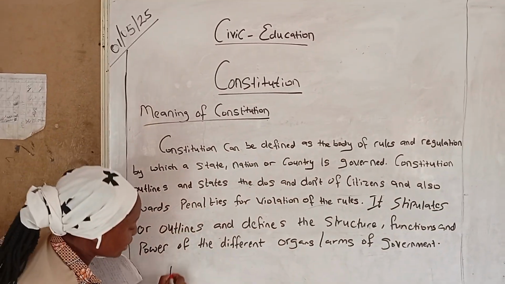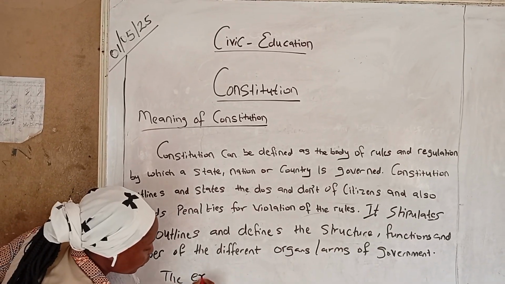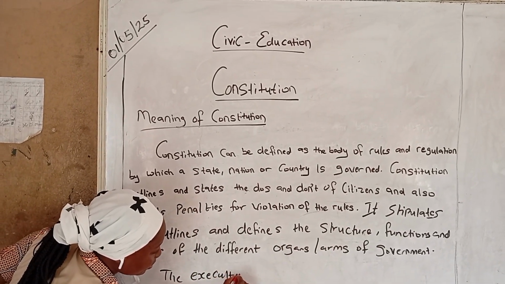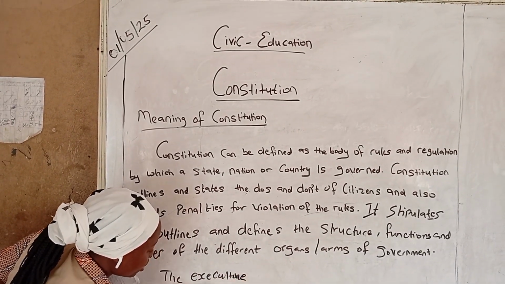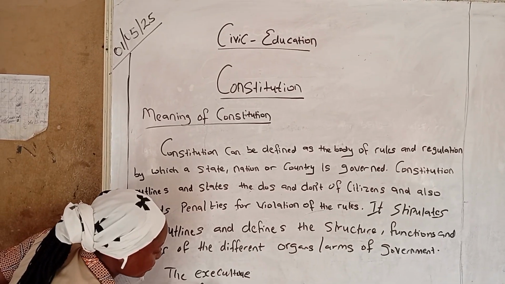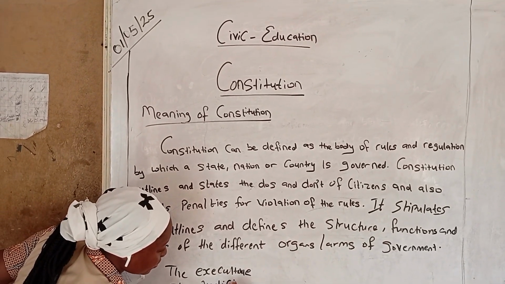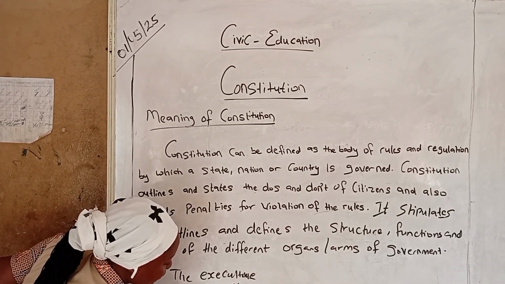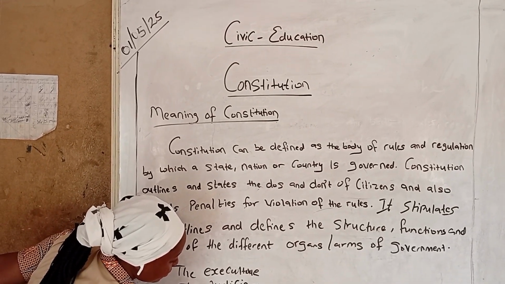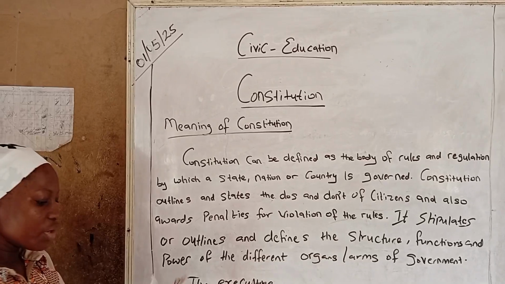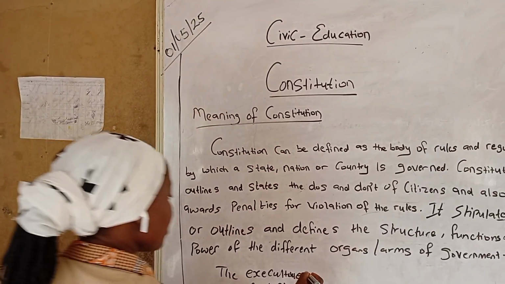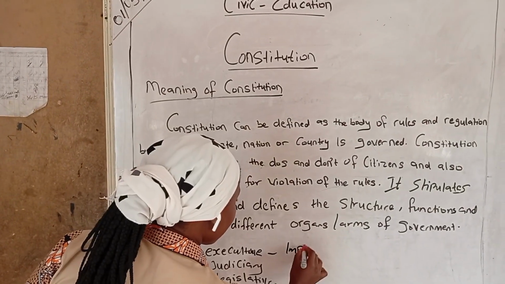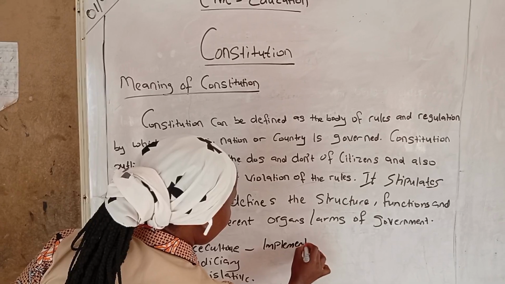The organs of government are the executive, the judiciary, and the legislature. As we all know, the function of the executive is to implement law.